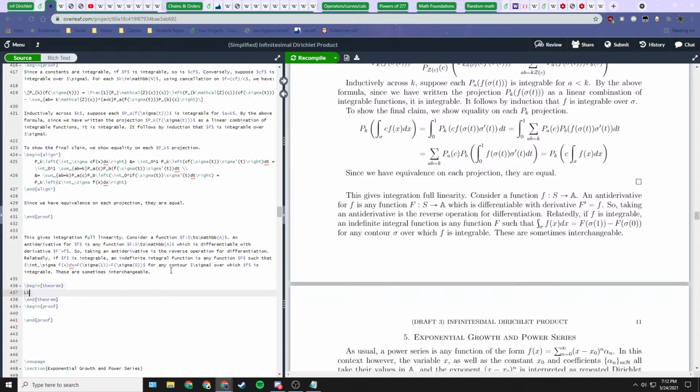Let f be integrable over sigma and have antiderivative capital F, then f is also an indefinite integral function.